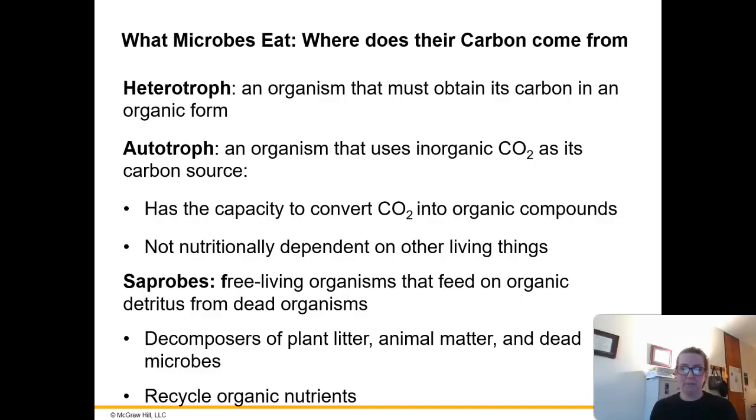So plants, for example, have pores underneath their leaves, and these are called stomata. CO2 comes into the plant right there at the leaf, and oxygen leaves right there at that same pore, the stomata. So autotrophs are interesting because they technically are not nutritionally dependent on other living things. Now, there's always that one exception. So you may say, hey, well, what about the Venus flytrap?